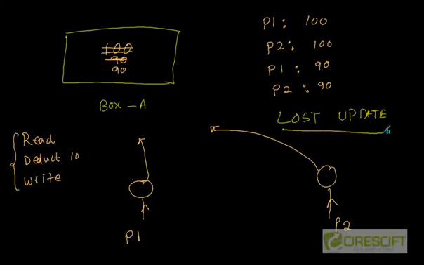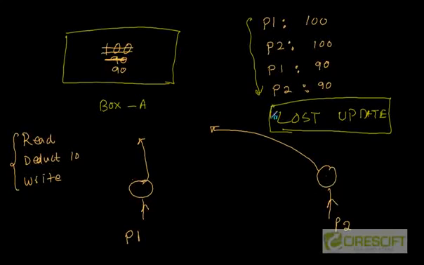This problem was not there when they were accessing different boxes, box A and box B. But whenever they try to access the same box and change it, whoever changes it last, his or her update is going to be there, but whoever updates first, his or her update is going to be lost.